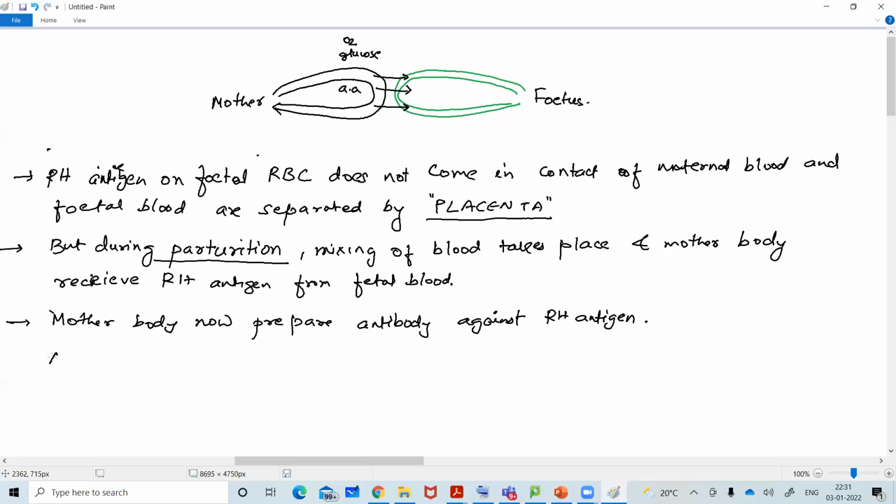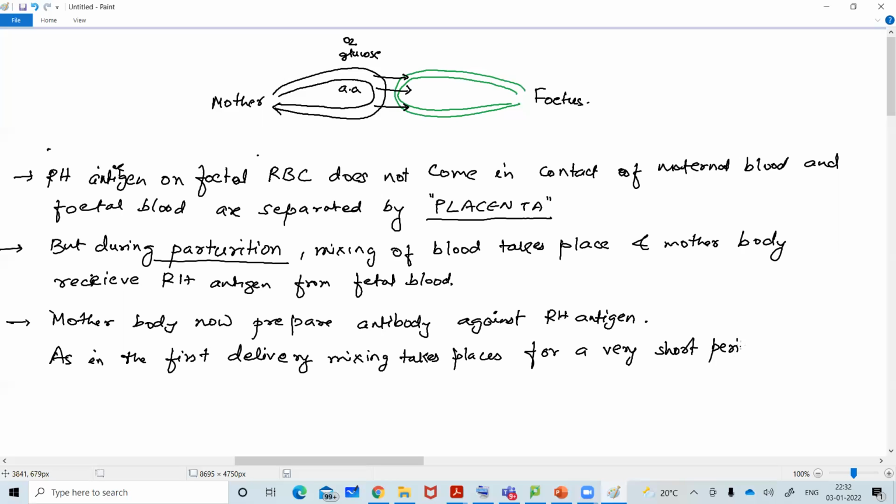As in the first delivery, mixing takes place. Mixing of blood takes place for a very short period of time. When we say short period of time, that means only during parturition, right?